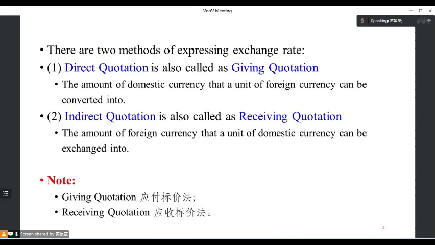Give an example. In China, 1 Chinese yuan can convert into 0.14 US dollar. In this method, we can say this is indirect quotation.